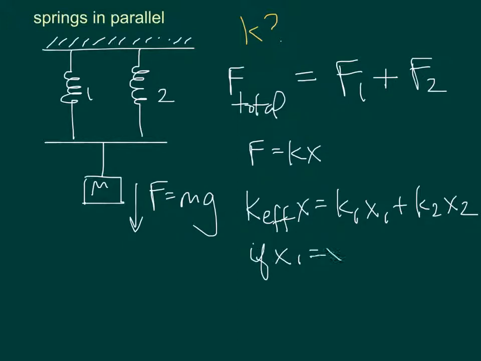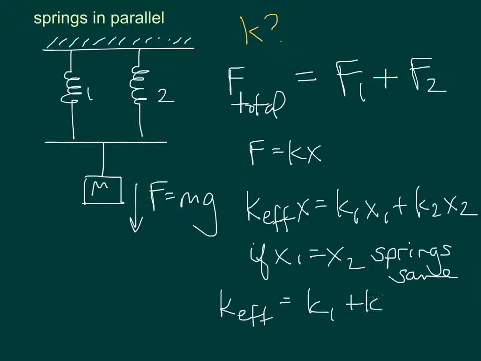So if x1 equals x2, if the springs are the same, surely they're going to extend the same distance if they're the same spring. Now, if I were a good physicist, I'd check that and make sure I was in my error values, but we'll just take it as read here. So, of course, if all the x's are equal, I've got an x here, an x here, and an x here. So really, they drop out. And what I'm left with is k effective equals k1 plus k2. And that's my equation for springs in parallel.